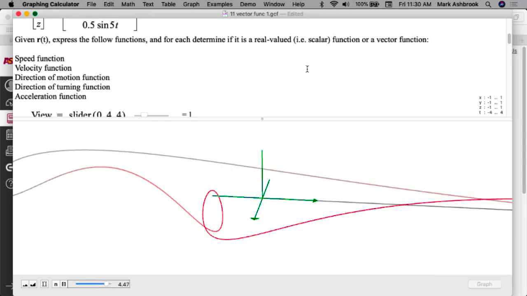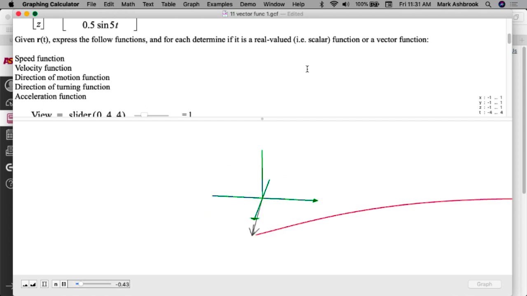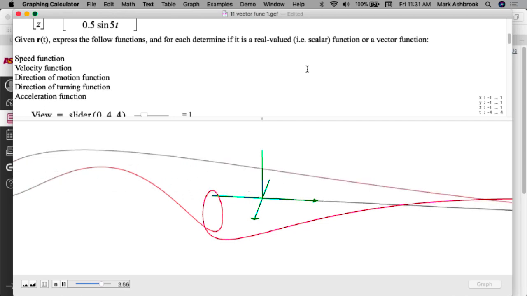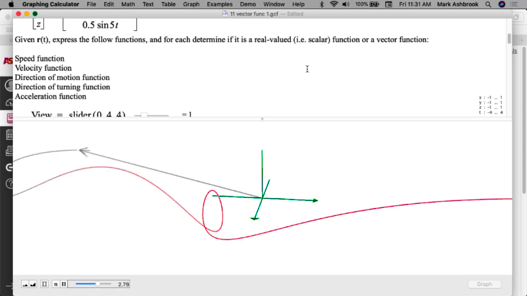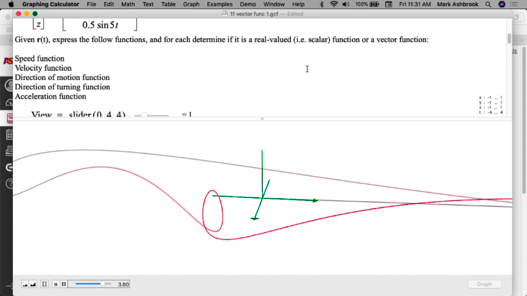Okay, so we're going to talk about lots of different kinds of functions in this class, and those functions can be broken up into two kinds: real valued functions and vector functions. When I say real valued or vector, is that referring to the independent variable or the dependent variable?